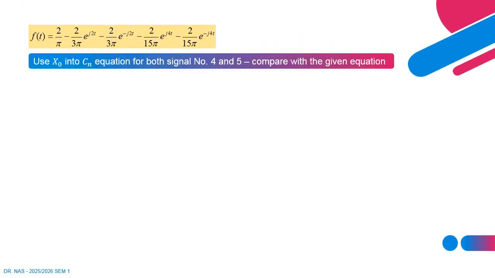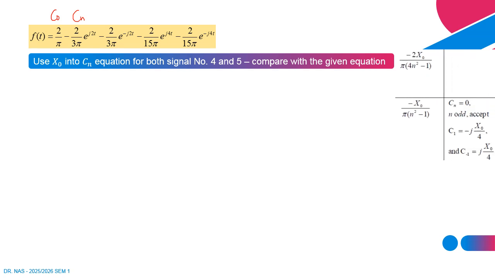In the previous slide, we considered the C0. Next, you need to consider the Cn by using the x0 that was calculated earlier. Refer to the table for the Cn equation for both signal number 4 and signal number 5.